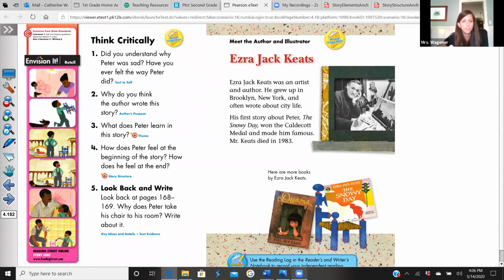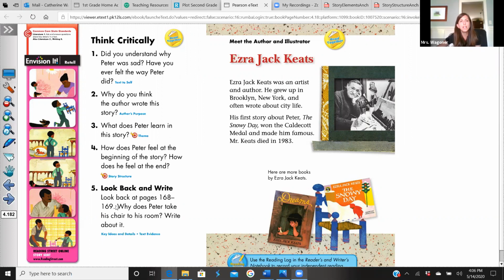Okay, so you're going to be answering some questions that require you to make connections, describe the author's purpose, determine the theme, and identify story structure, so the elements. So right now, if you haven't done so already, get out a sheet of paper or get out your Word work journal.